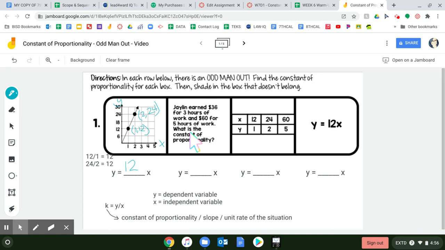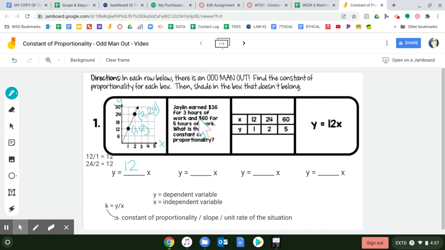For this situation, let's read it. Jalen earned $36 for 3 hours of work and $60 for 5 hours of work. What is the constant of proportionality? And if we go back to what our variables are, x is our independent variable.